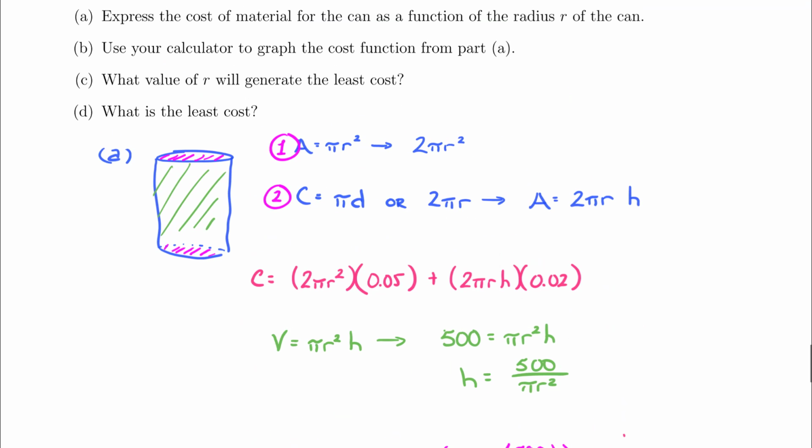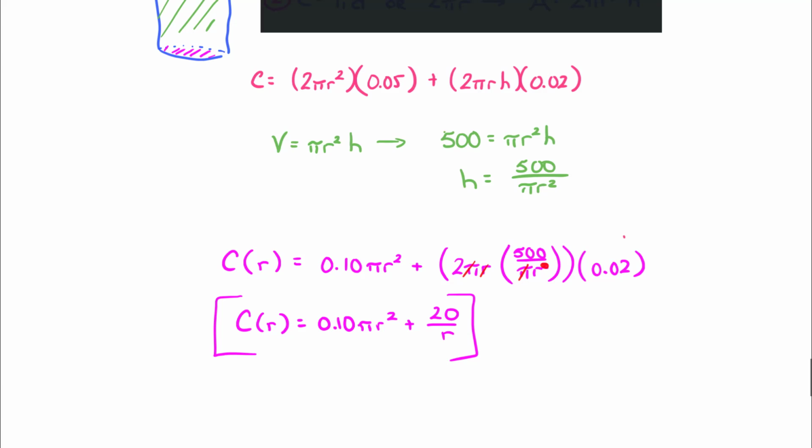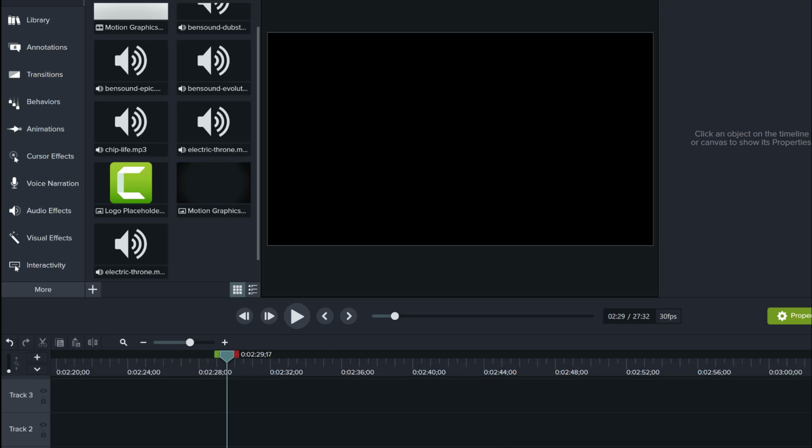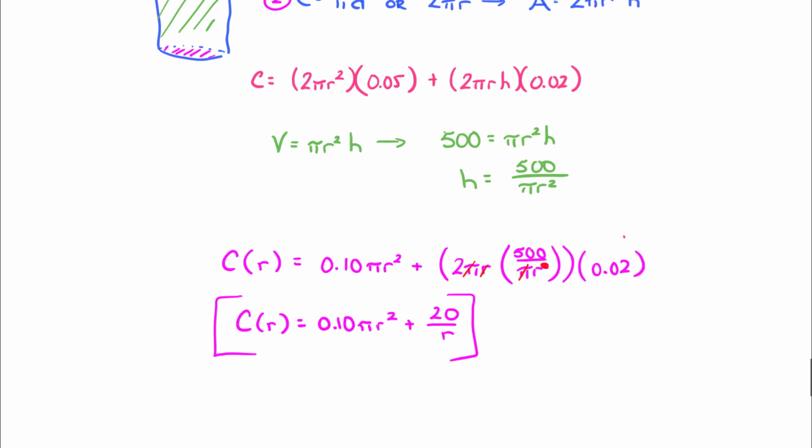And we use that graph to find the value of x that will generate the least cost, and then we want to determine what is the least cost. So let's go back to our graph. Boy, I'm having a difficult time with the technology today.